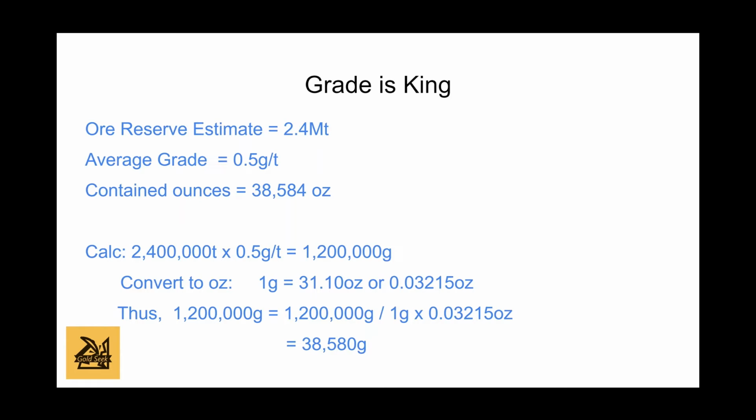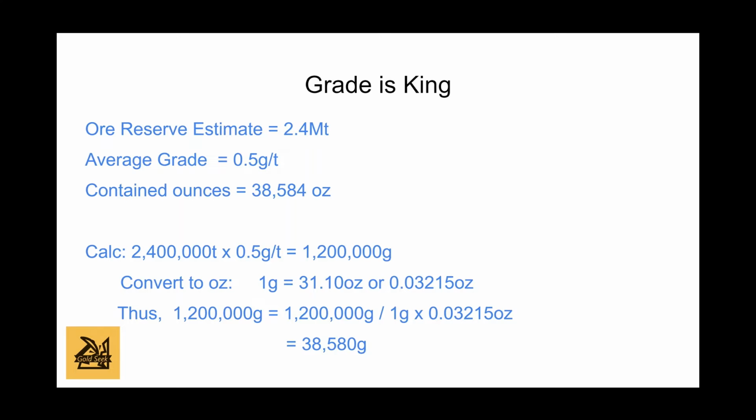Assuming this ore reserve estimate has an average grade of 0.5 grams per ton of gold, the amount of ounces contained in this ore reserve works out to be 38,584 ounces of gold. How do we come back to that?